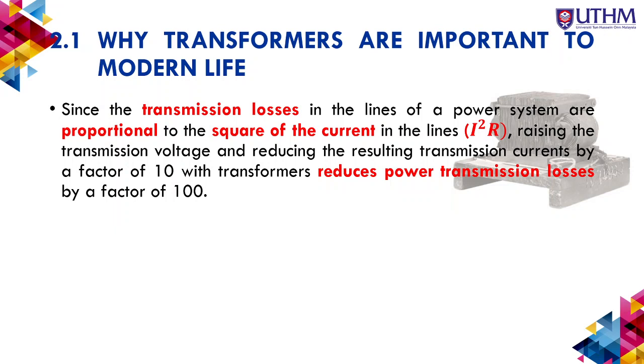To transmit from the power plant to the distribution center, up to our house, they required a converter, which is the transformer. The transformer allows less losses, reducing losses.